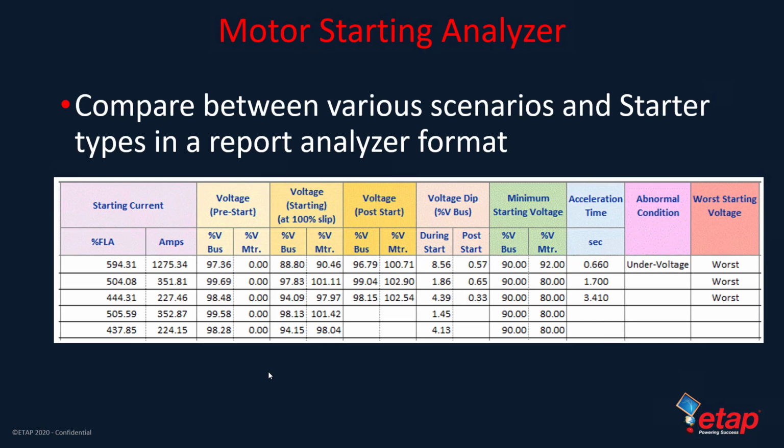So starting with ETAP 20, the motor starting analyzer can be generated using scenarios. And what we're looking at on the screen is essentially an output report of such report analyzer. Each one of these rows represents a different starter type. So we have a total of 5 different starter types, and this is where we can quickly compare which type of starter is better suited for the application.